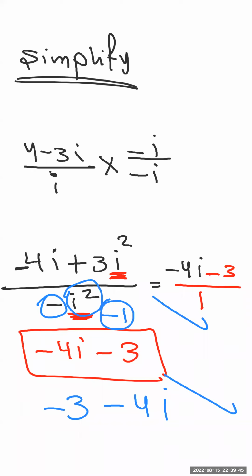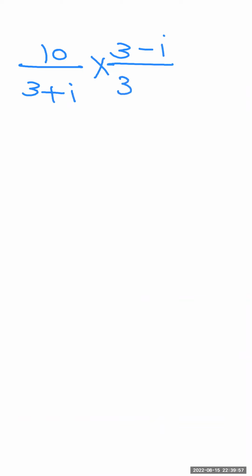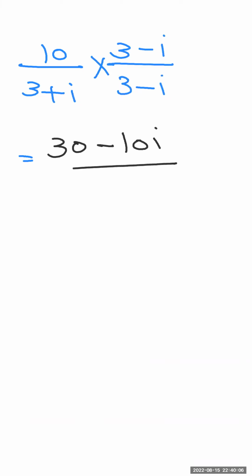Let's solve another question like that. 10 over 3 plus i, multiplied by the conjugate, 3 minus i over 3 minus i. Now multiply 10 by the numerator: 10 times 3, 30, minus 10i over. Okay, difference between two squares: first squared minus second squared, correct?